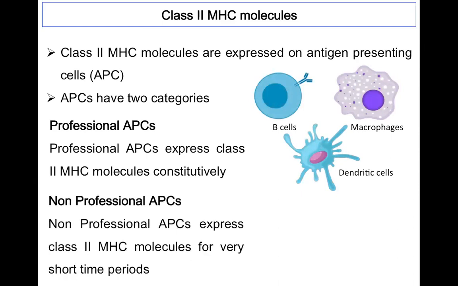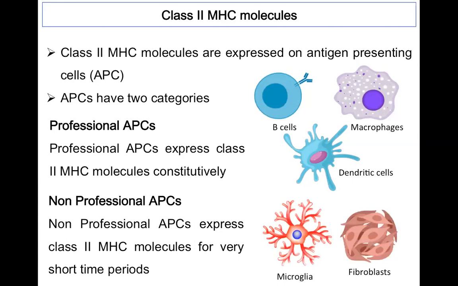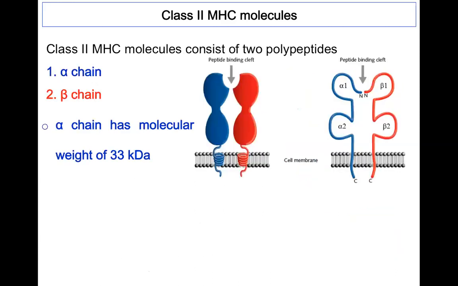The other category is called non-professional APCs. What does the term non-professional APCs mean? Non-professional APCs express the class 2 MHC molecule for a very short time period. It means this is a transient expression, while in the first case it is a constitutive expression. An example, as you can see here, is the fibroblast and other cells.